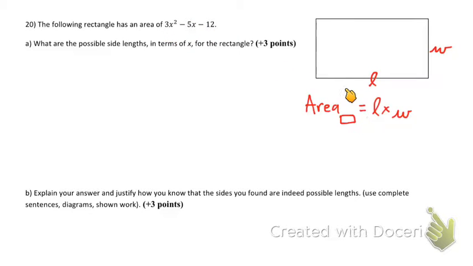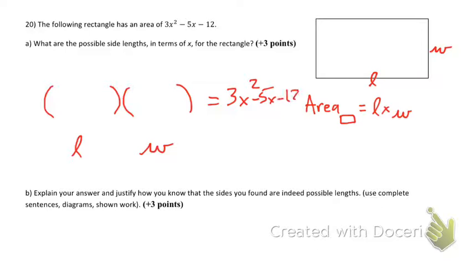But if you think about it, I need to multiply two things together. We'll call it the length times the width, and it needs to equal that. Okay? So in other words, we know the answer, we just have to turn it back into multiplication.